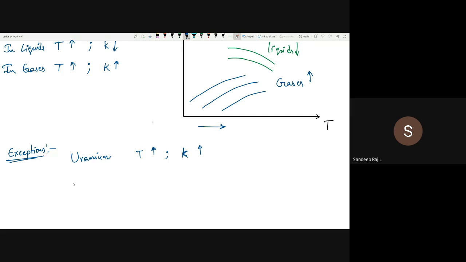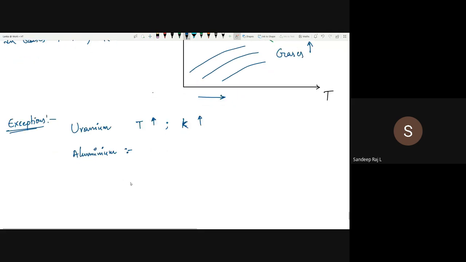And also you have one more material, that is aluminium. In aluminium you will have various temperature variations actually. If the temperature of aluminium is less than minus 135 degrees centigrade, then if the temperature increases, thermal conductivity will increase.